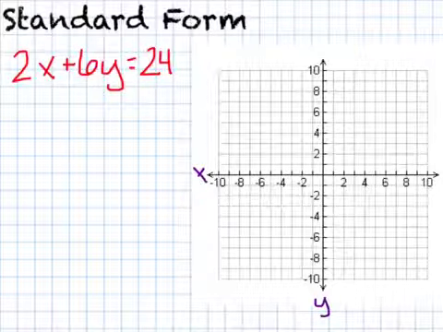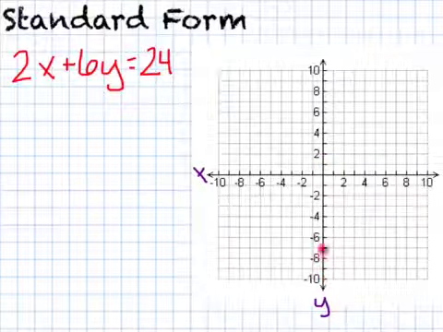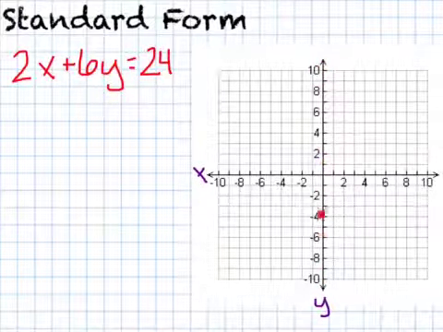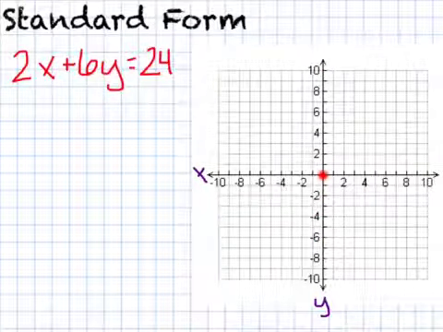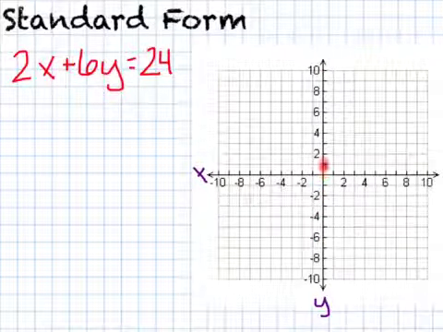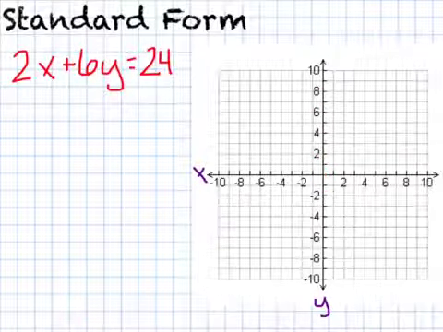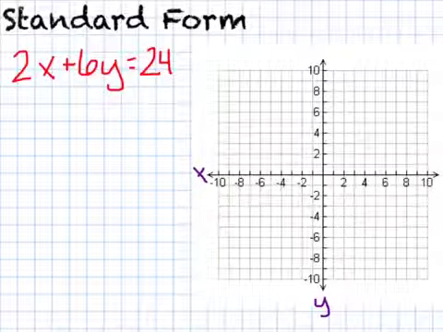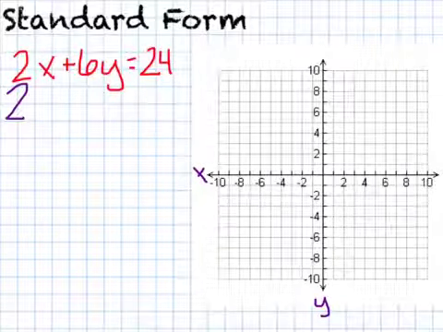If I want to find the point that crosses here on my y-axis, what will the value of my x be? If your answer was 0, you are correct, because anything that is on this line has a value of 0 for x. So, in order to find that value, I'm going to make my x equal 0.